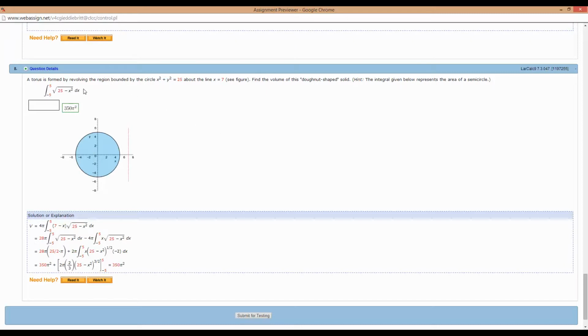Okay, so now if we want to find the volume, remember, if we use the shell method, the formula is 2 pi, even though we have a 4 pi here, it's 2 pi times the integral from negative 5 to 5 of this right here, which gives you the radius at any point of x.